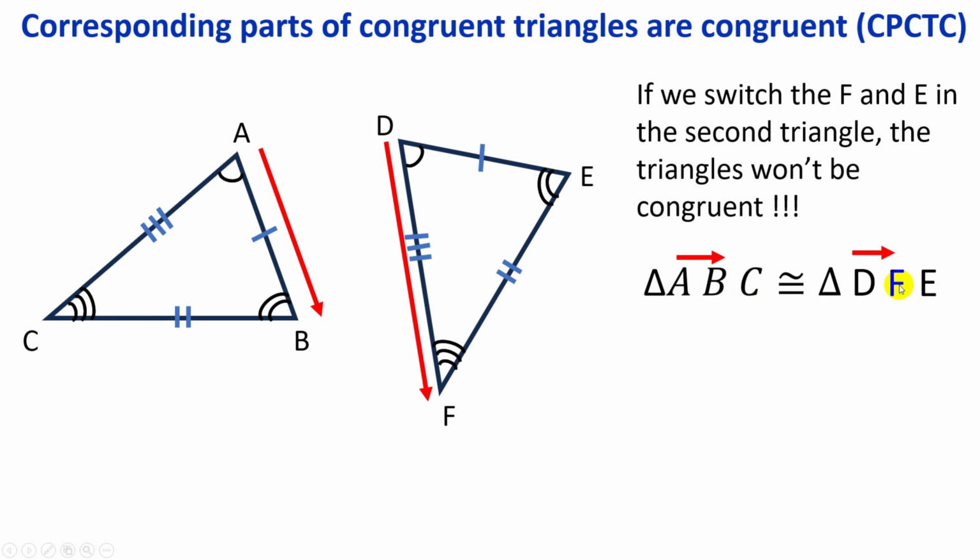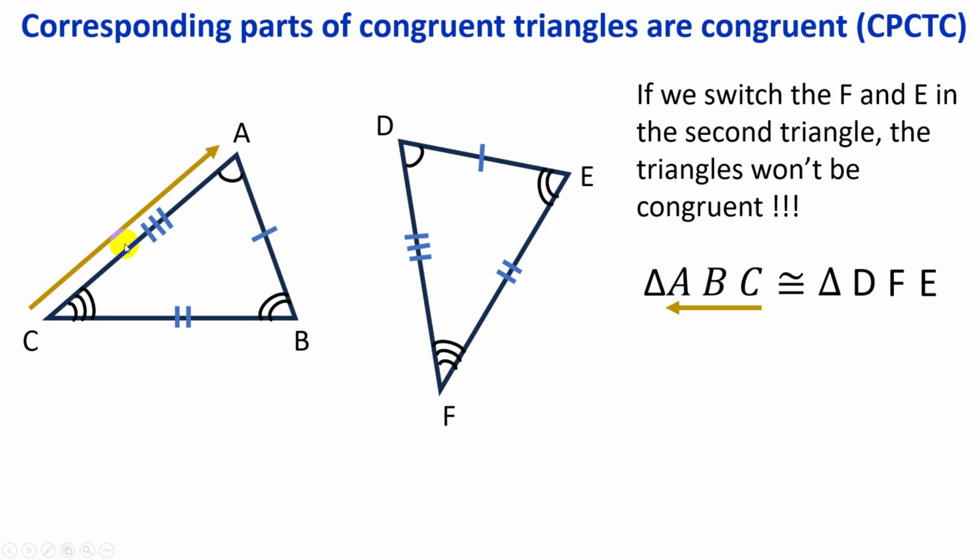This side and this side are not congruent because this side has 1 tick mark and DF has 3 tick marks. Therefore, these two triangles are not going to be congruent. Also, CA, this side here, is not congruent to ED, this side here. This one has 3 tick marks. This one has 1 tick mark. Therefore, these two sides are not congruent.